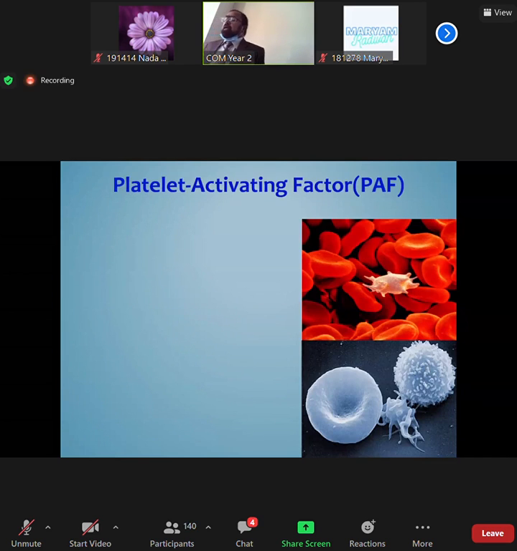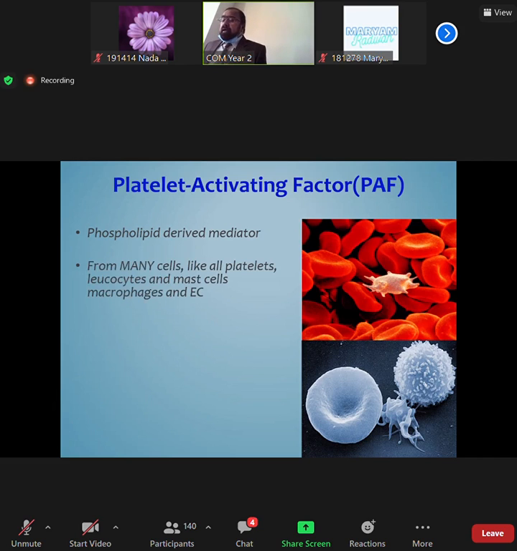Coming to platelet activating factor, another very important one. They are also phospholipid-derived mediators on the cell wall. Many cells like platelets, leukocytes, mast cells, macrophages, and endothelial cells have this platelet activating factor.